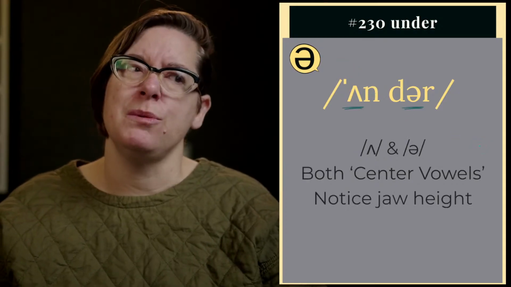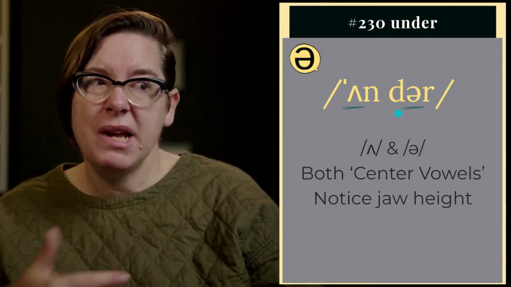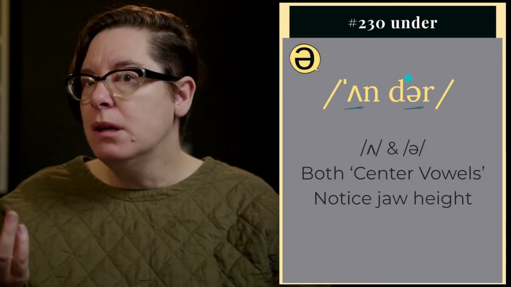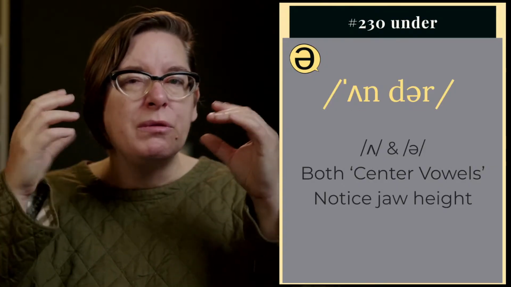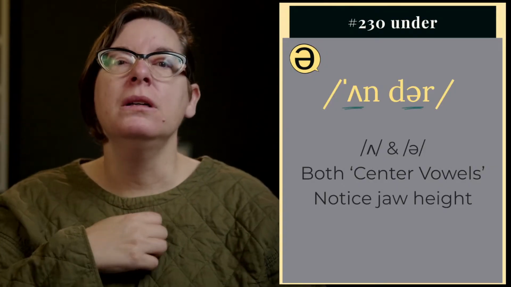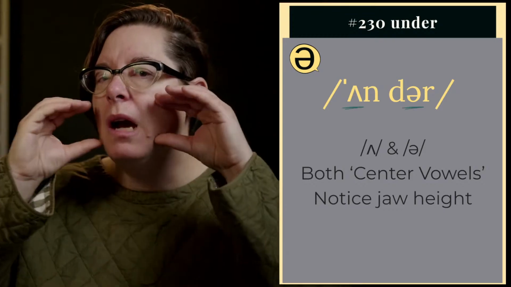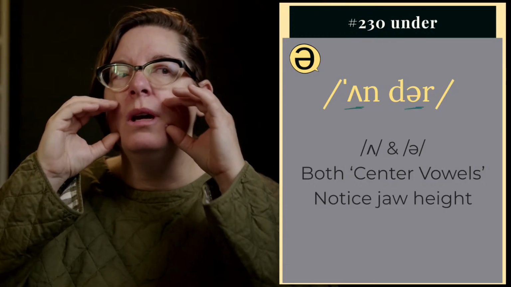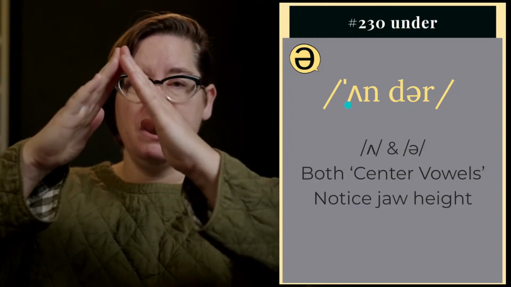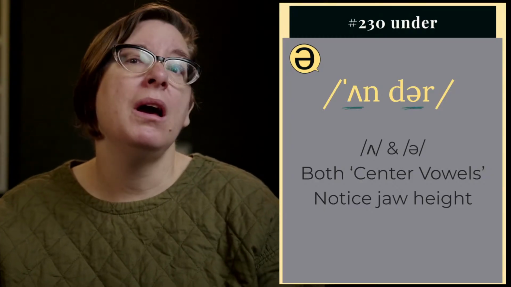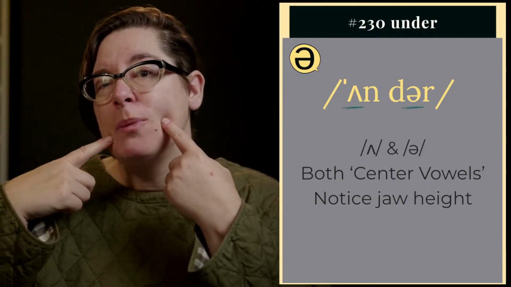Second thing to pay attention to is the vowels. Now the second one we've already done. It's the schwa, tongue in the middle, jaw halfway open, maybe not even. Look at the height of my jaw, because the other one right here that looks like this, to me it looks like an umbrella. Look how my jaw was a little bit wider there.